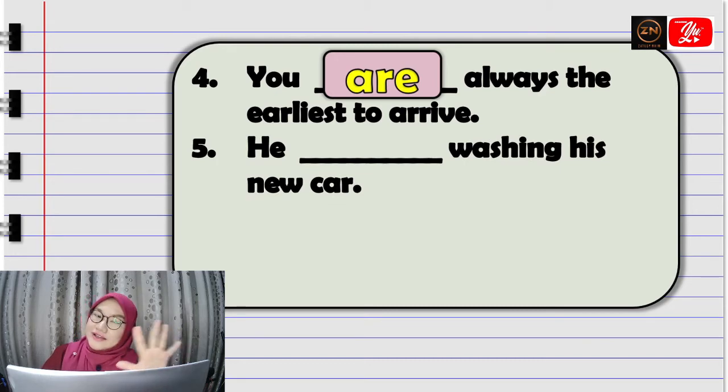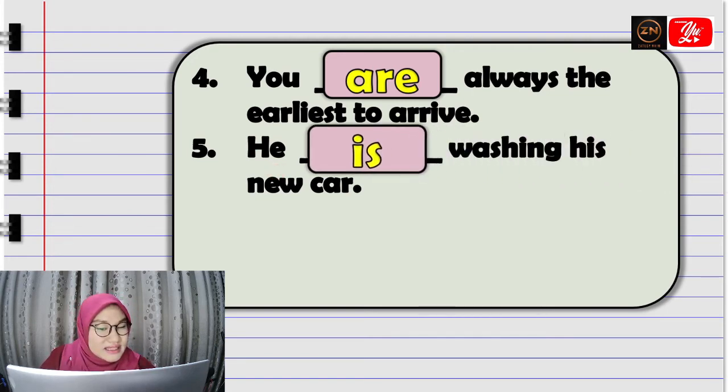Number 5. He blank washing his new car. What do you think? Yes, you need to look at the subject over here, which is the word "he", and he is referring to only one person. So you need to use the verb to be "is".